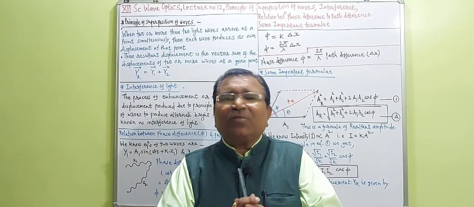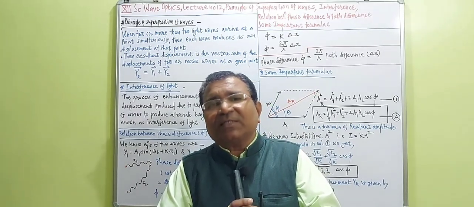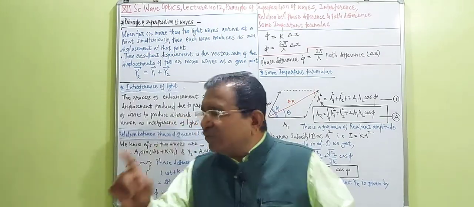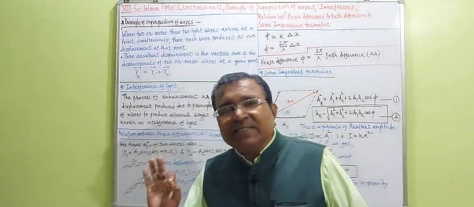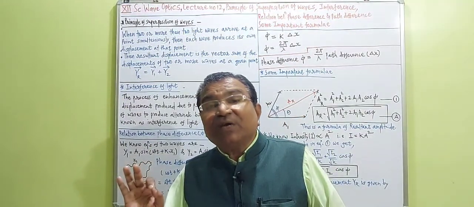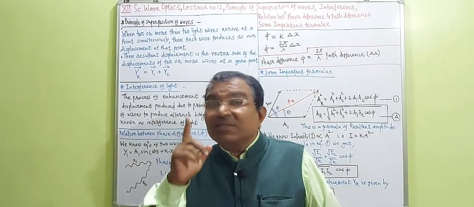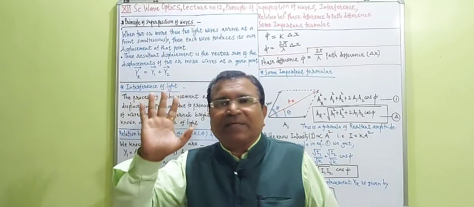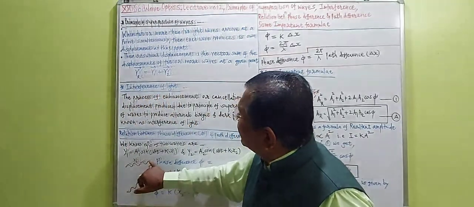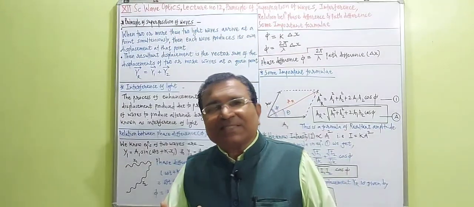So the definition of the principle of superposition of waves is like this. When two waves arrive at a point simultaneously, each wave produces its own displacement.